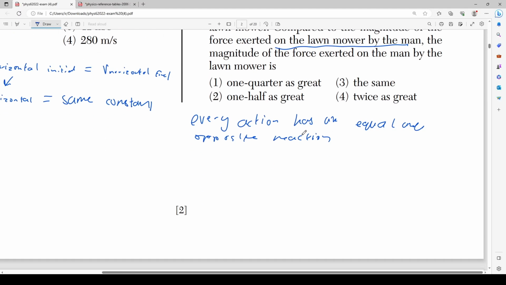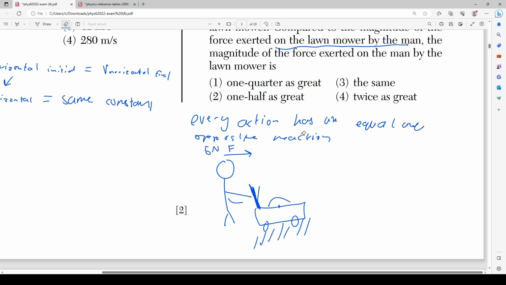And what this means is that when this man is pushing his little lawnmower, I guess this looks more like a tractor, he's applying a force onto that, right? Let's just say that's 5 newtons, and he's applying it onto the handle. So that's his action. His action is that 5 newton push.